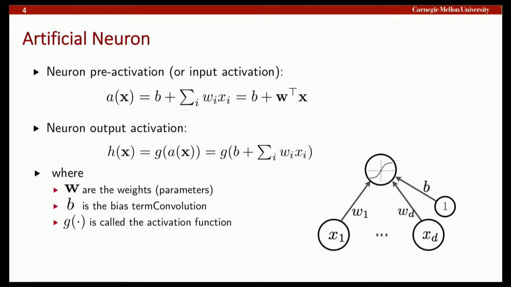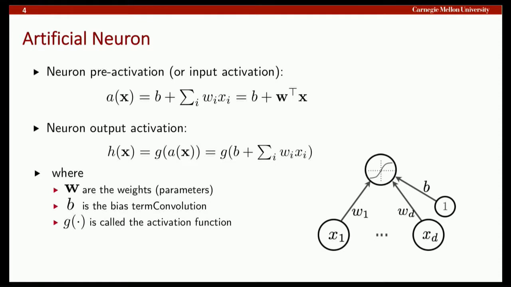Then we have what we call the neuron output activation, where we take our pre-activation and pass it through some function g. g here is sometimes called the activation function. b is the bias term. Sorry, that shouldn't be convolution there. And w are the parameters of the model. Think of it, in its simplest form, as almost looking like logistic regression.